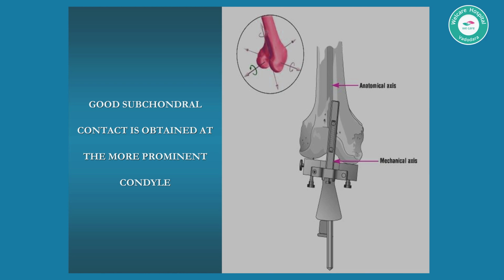But the entire mechanical axis philosophy is about having the cut at 90 degrees to the mechanical, not to the anatomical. Remember, in this methodology, unlike navigation, you are referencing your distal femoral cut from the anatomical axis. So all the actions that you are taking are in the background. This knowledge has to be clear in your mind.